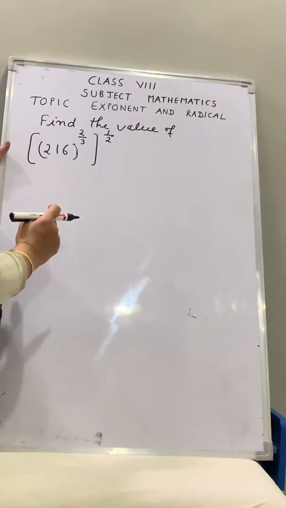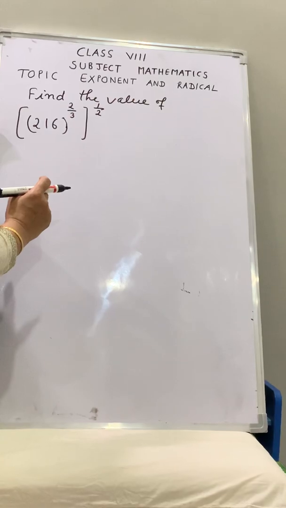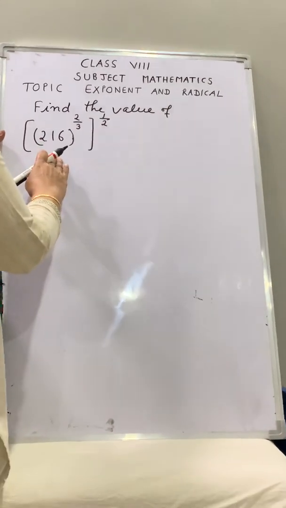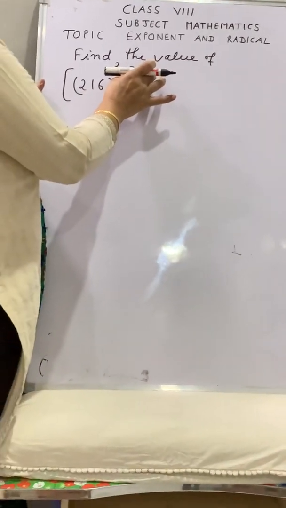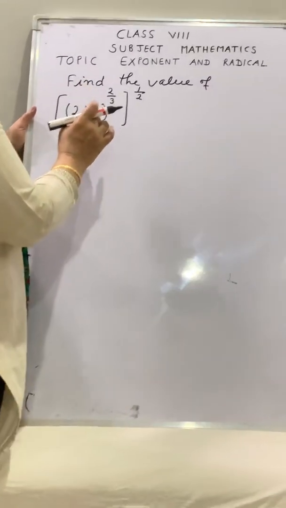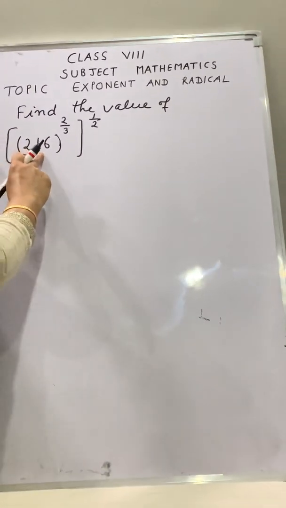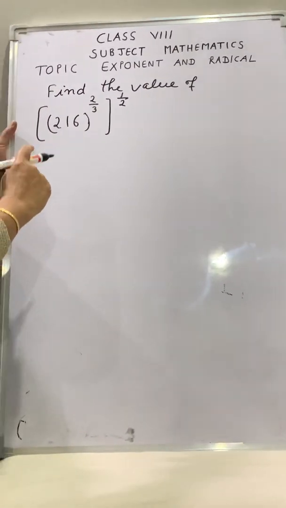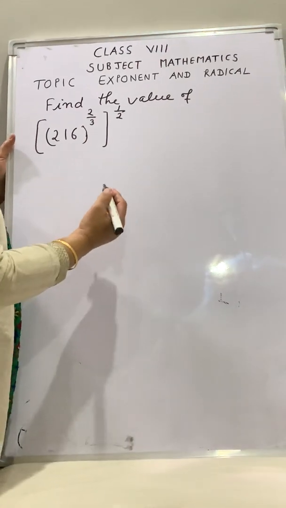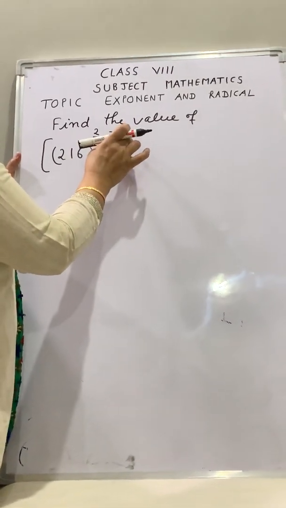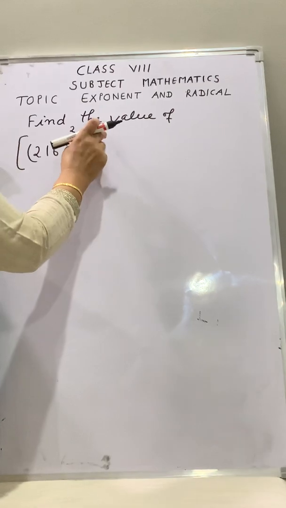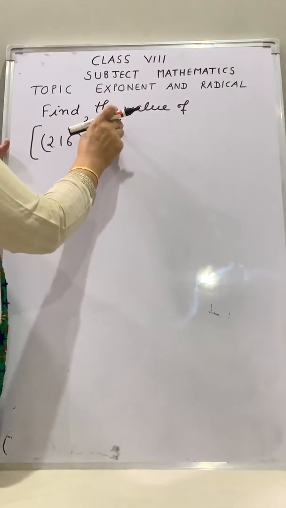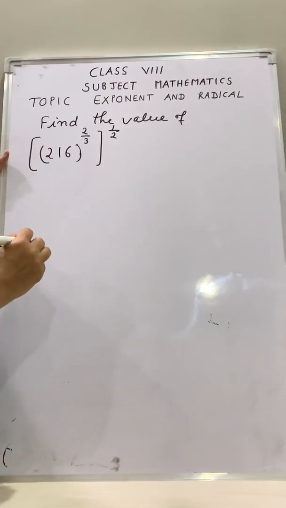Now we will start to solve this question with exponent or by base, as you wish. We will do both. First of all, I will start to solve this question by using exponents.